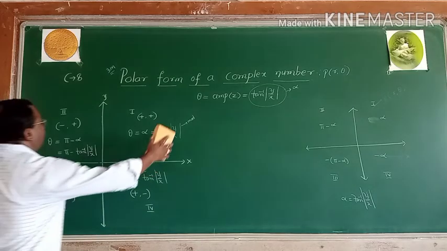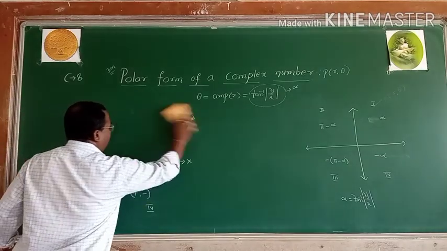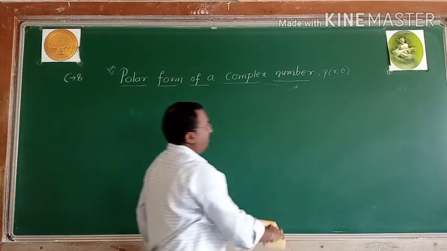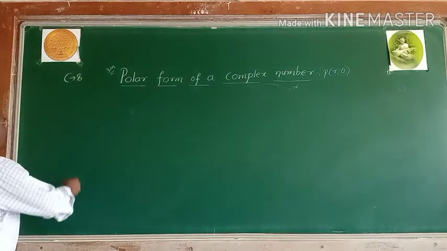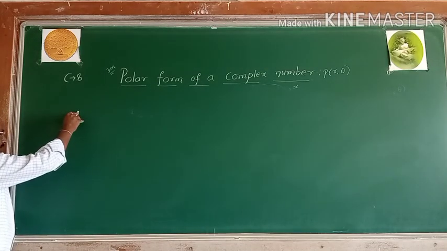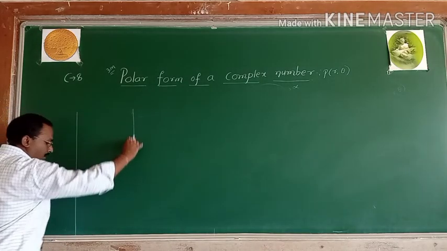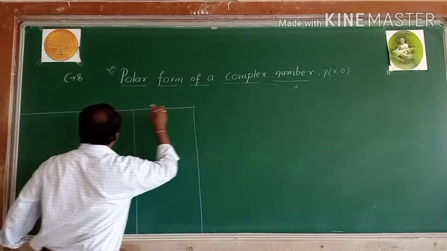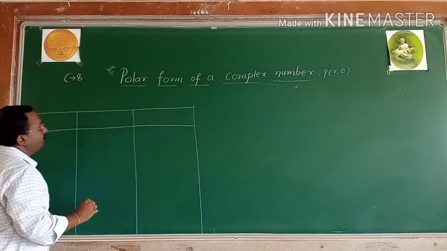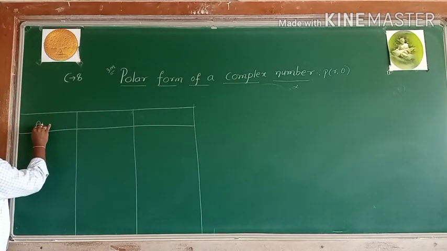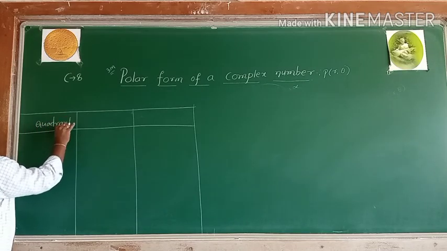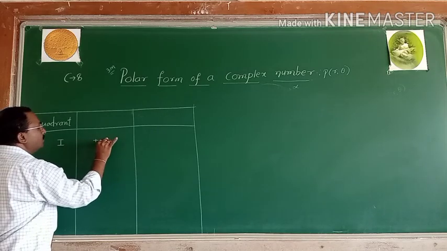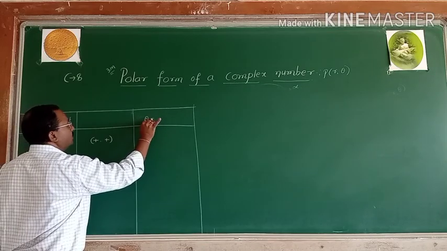Here theta represents the amplitude, and it depends on the quadrant. In the first quadrant, both x and y are positive. Here theta means the amplitude of z.